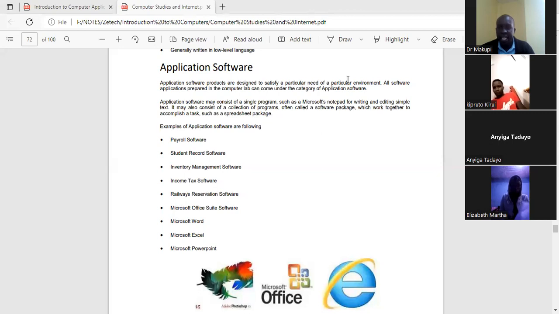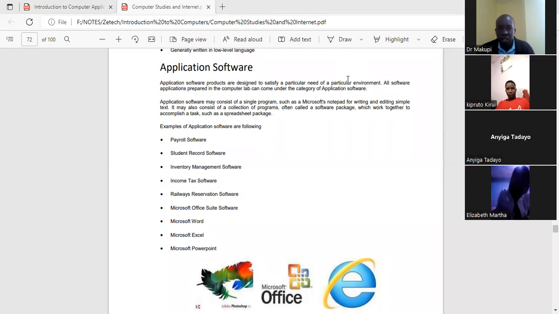Another one is Excel. Excel has been designed exactly for purposes of mathematical computations. So you can see that application software are software designed to achieve specific tasks. You can easily realize from those examples that each of these software are doing their own independent specific tasks. Like WhatsApp.